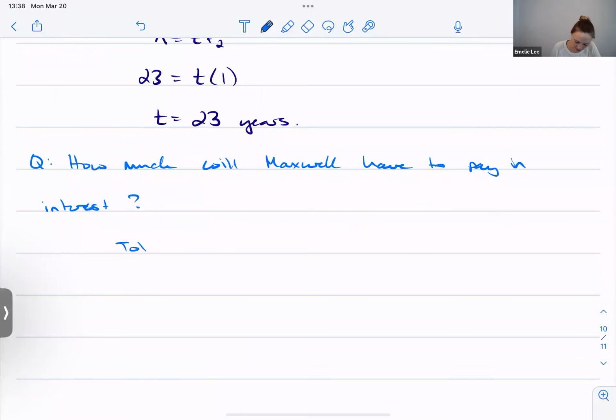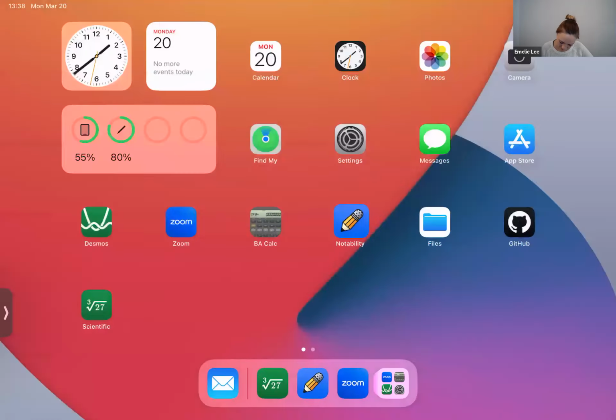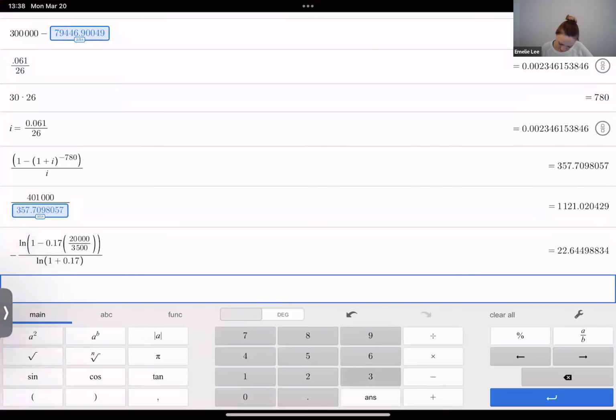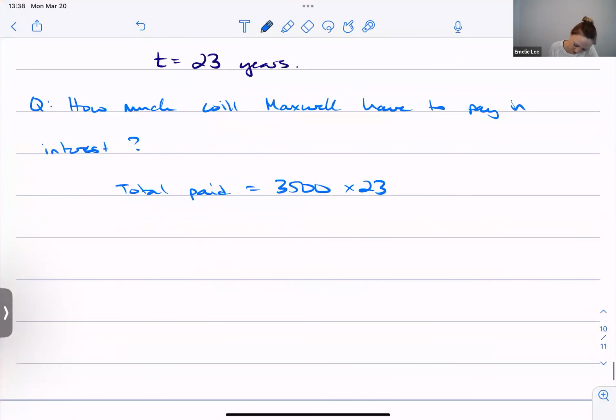The total paid is 3,500 times 23. 3,500 times 23 is 80,500. Uh-oh, it's not looking good.